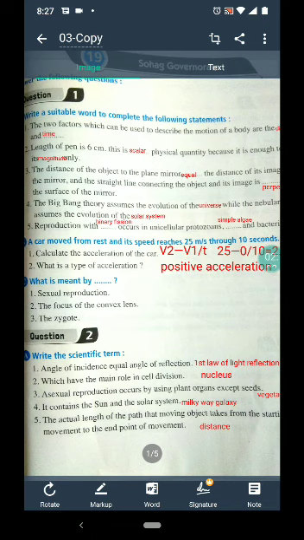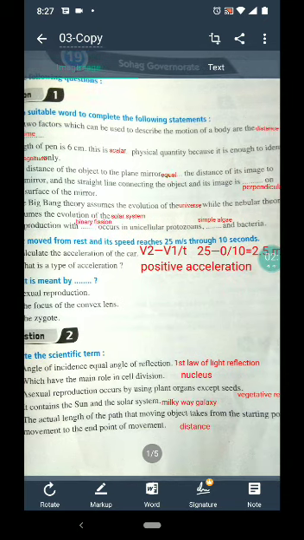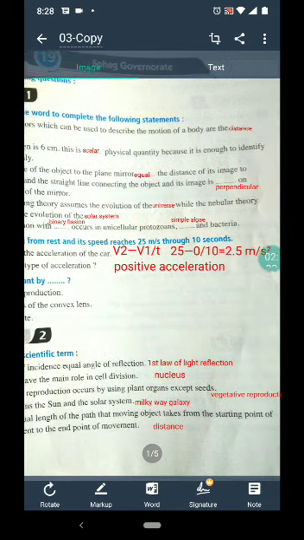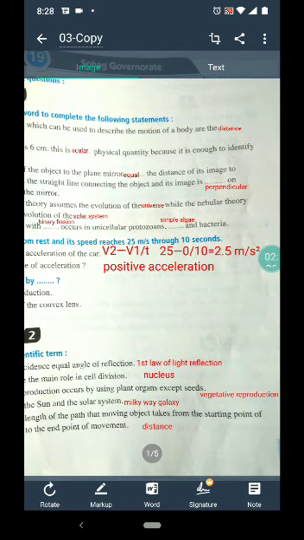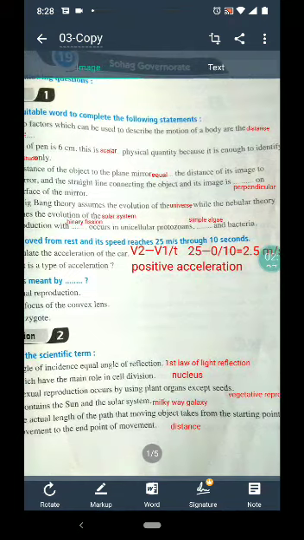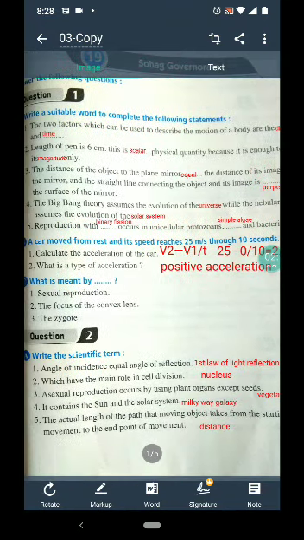Reach to 25, this means V2 equals 25. Through 10 seconds, so the time equals 10 seconds. Acceleration equals V2 minus V1 divided by T. So 25 minus 0 divided by 10 equals 2.5 meter per second squared. The type of acceleration here is positive acceleration.